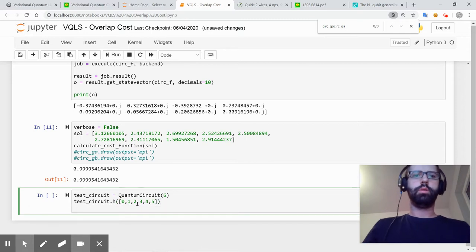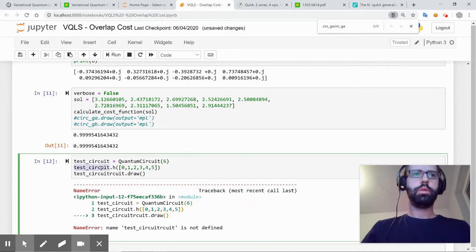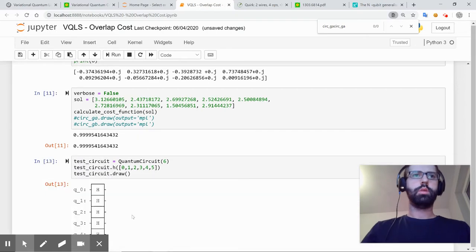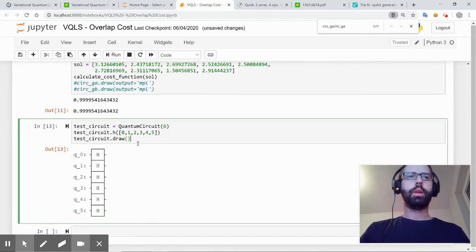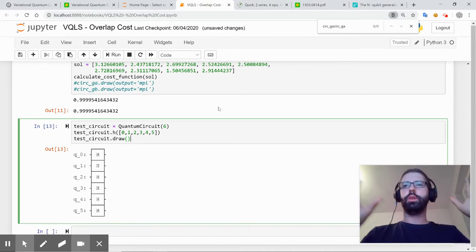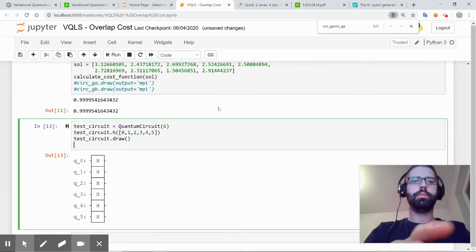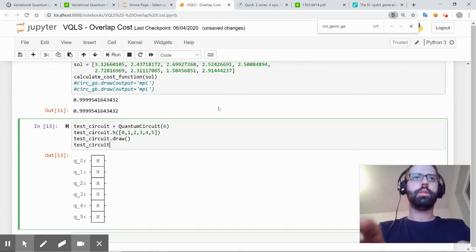Okay, and now I do test circuit draw. Okay. I just want to make the equivalent of, like, we just compare 2 simple things, right? And now we do test circuit.